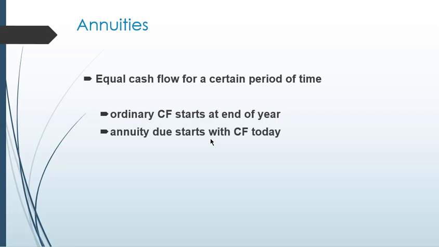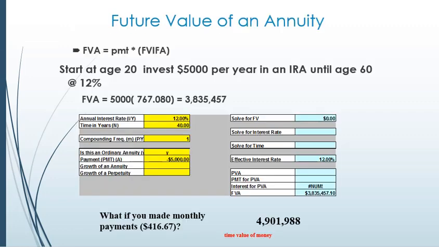Typically you're going to look for some words, some phrases. Here's the future value of an annuity. You're going to invest $5,000 per year in an IRA until age 60. If you see nothing here about beginning of the year, then this is an ordinary annuity. Sometimes it might say $5,000 per year at the end of each year.